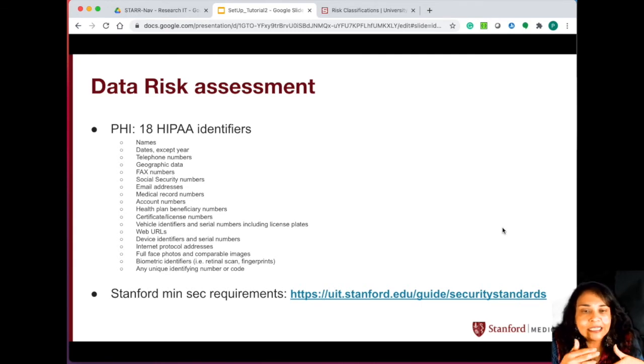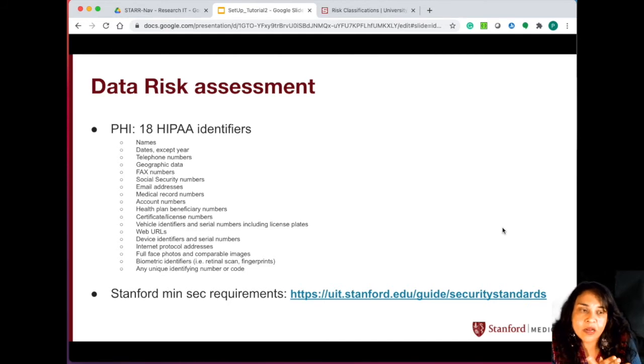But the date a certain procedure was done, that is considered PHI. Phone numbers, geographic data, so the address, and in some cases zip codes, if it's a zip code where very few people live, then the zip code as well, fax numbers, social security numbers, email addresses, and so on. These are the 18 HIPAA identifiers that have been listed here.